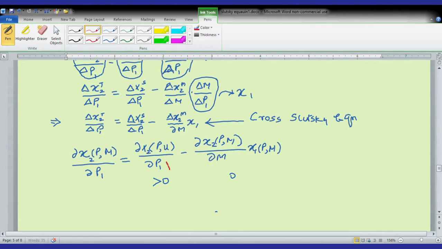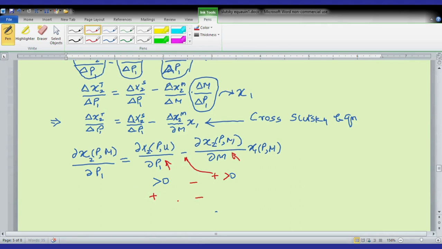So this derivative greater than 0 means that the good is a normal good, but then this plus sign will combine with this negative sign to become negative, and so we have the first term positive, the second term negative.